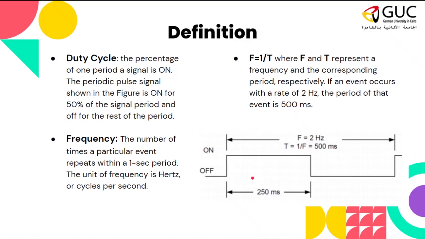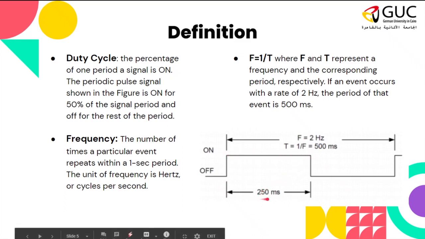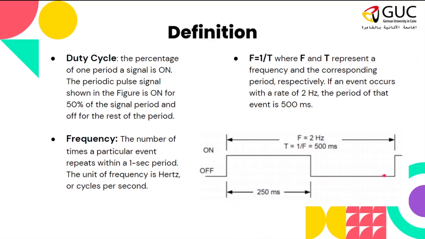If we look at this figure, we have a period of 500 milliseconds, and the signal is on for 250 milliseconds and off for 250 milliseconds. The duty cycle is called 50%. The duty cycle is the percentage at which the signal is on per one period.